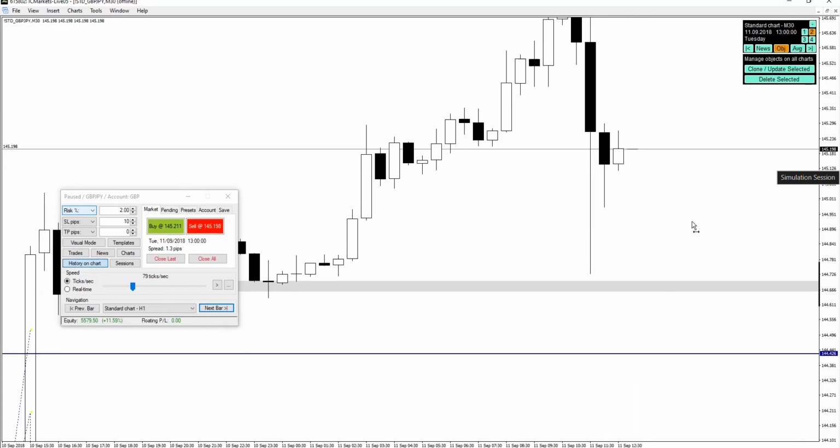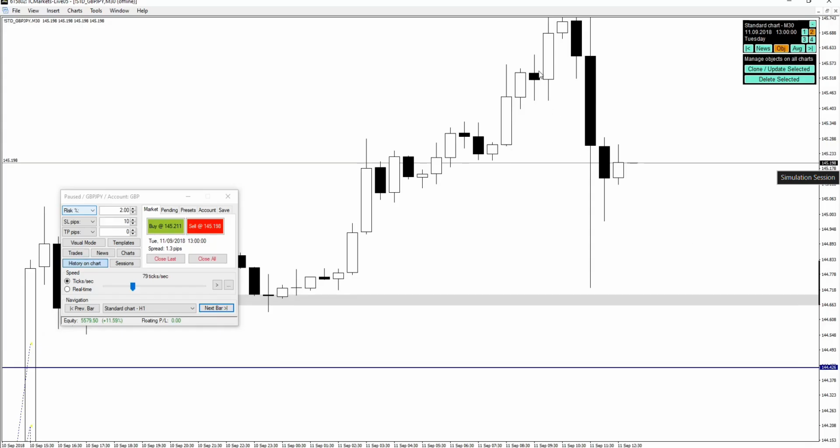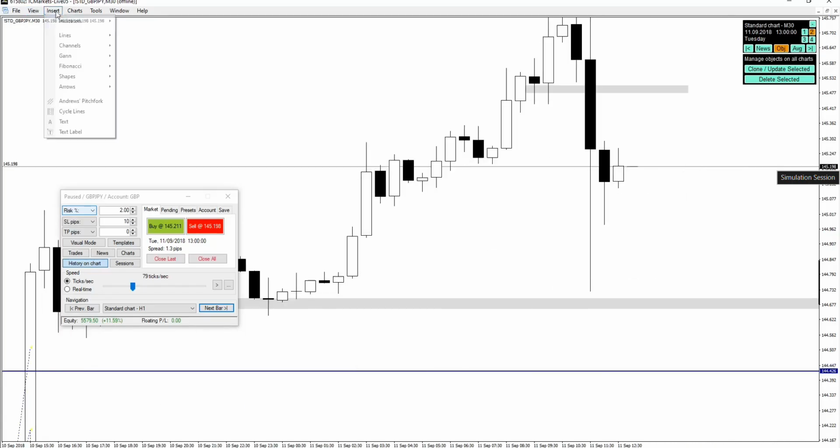This is what it seems like, because there's some sort of issue here, because we broke this support when this candle came down, and then we broke this support, this one, when this candle came down and this candle came down, right? So we've broken these supports.